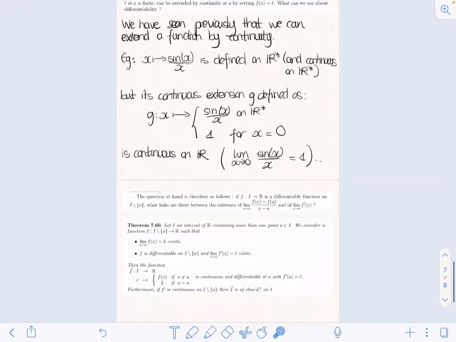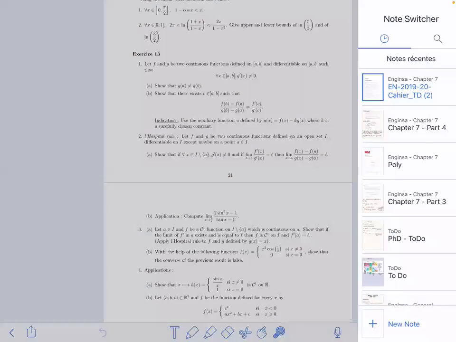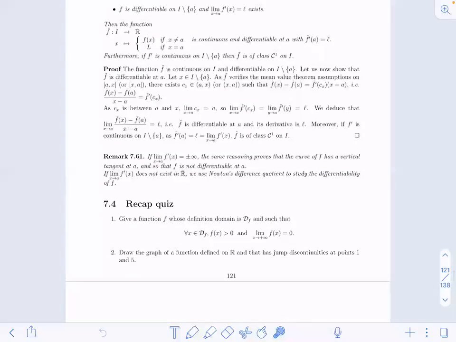Okay, that's the end of the theory related to chapter 7. I think there's just a couple of remarks here, but they're things that we've seen in some examples.